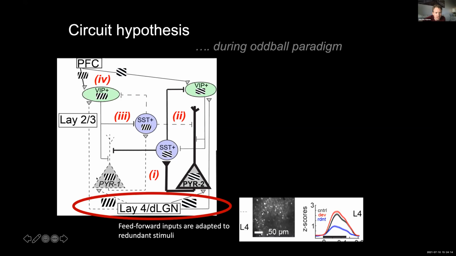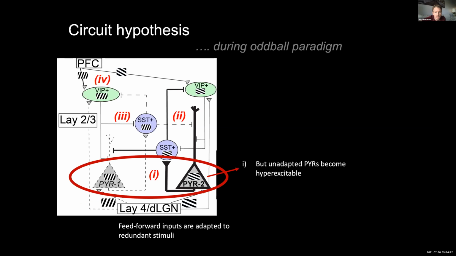So you get reduced inputs to pyramidal neurons that prefer the redundant stimulus. But in this model, the thought is that unadapted pyramidal neurons, which are selective for different orientations, become hyper-excitable, such that when the deviant stimulus appears, they fire off a much larger response.